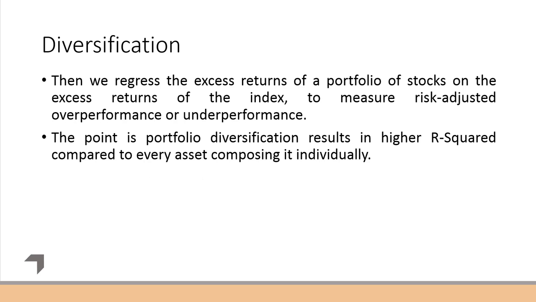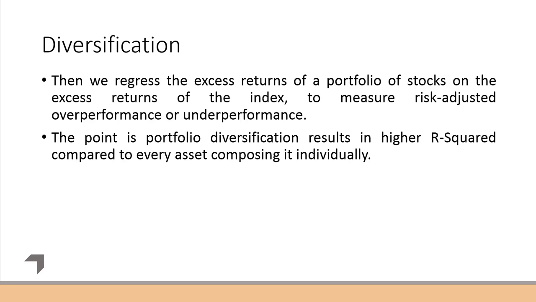Now we're going to talk about diversification and its impact on regression statistics. Now we regress the excess returns of a portfolio of stocks on the excess returns of the index to measure risk-adjusted overperformance or underperformance. At the end of this PowerPoint, we're going to look into an Excel file and see what's going on in real for regression statistics for a diversified portfolio.